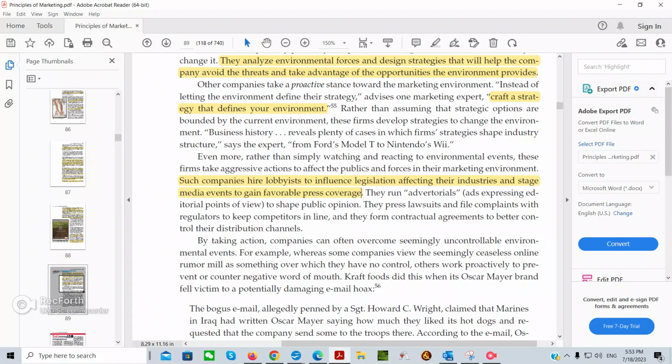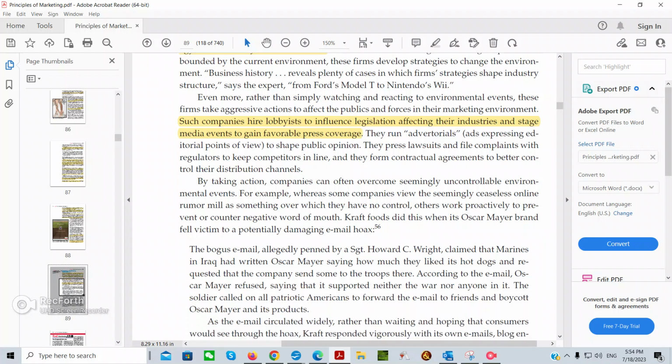They run quote, advertorials, which are ads expressing editorial points of view to shape public opinion. They press lawsuits and file complaints with regulators to keep competitors in line and form contractual agreements to better control their distribution channels. By taking action, companies can overcome seemingly uncontrollable environmental events.